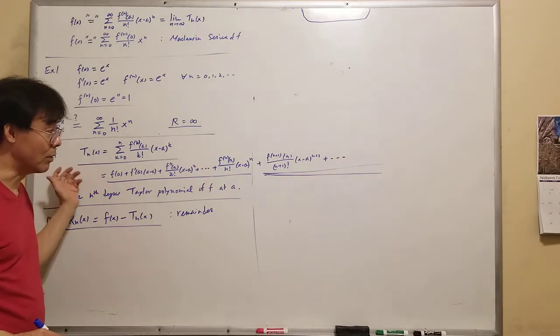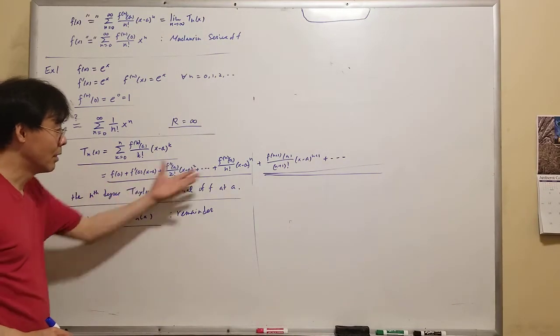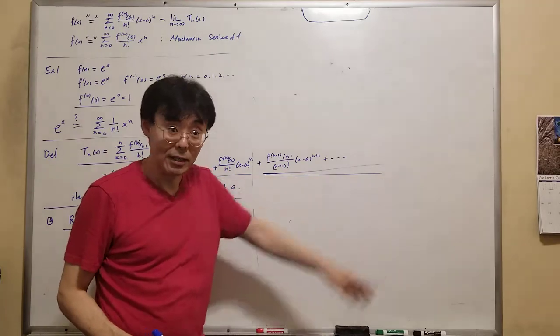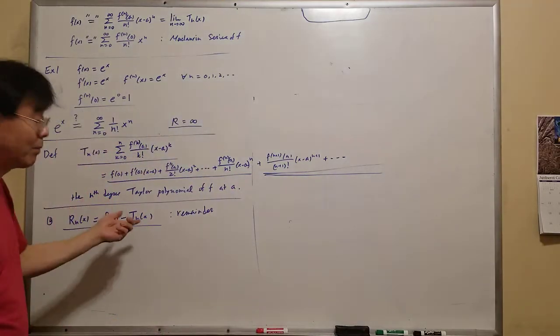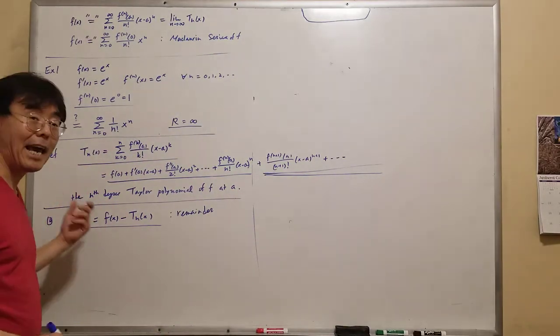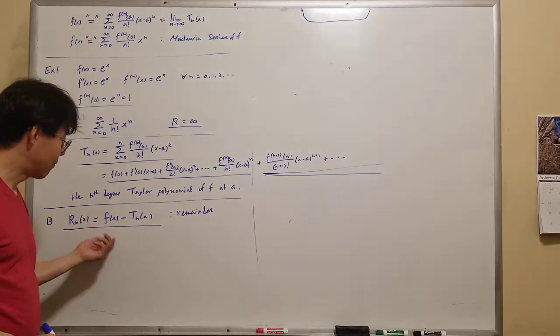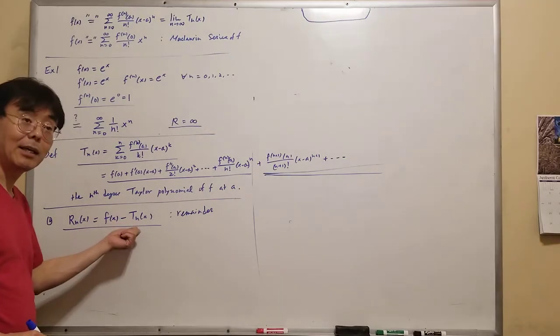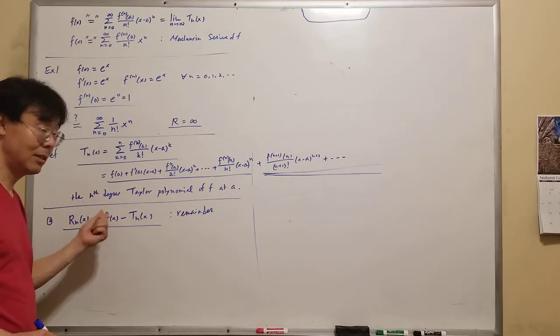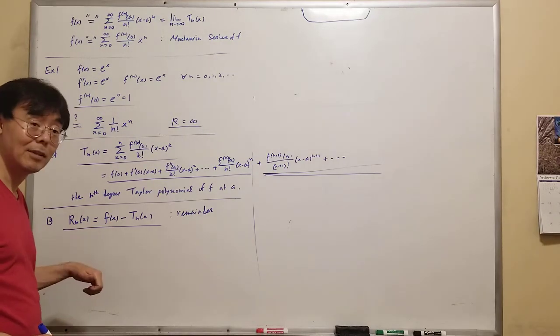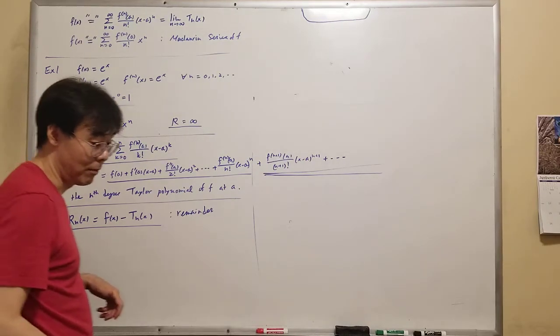If they are equal, then f minus this partial sum will be what remains. That's why we call it remainder. It basically is the error from the approximation by the nth degree Taylor polynomial of f. Okay?